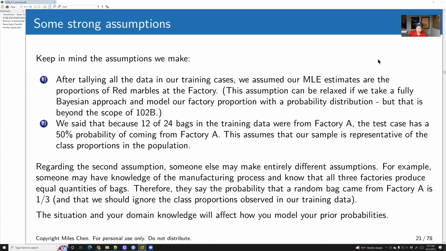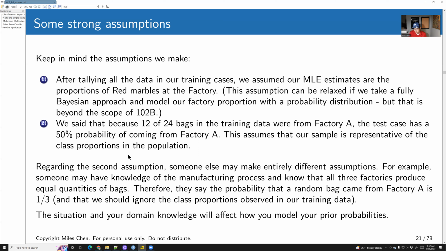But it's possible, regarding this second assumption, where we said when I bought these 24 bags and half of them came from factory A, somebody else might be familiar and say, oh, you know what? I work for the Marble Company. And I know factory A, B, and C actually have the same amount of marble output, right? All three produce marbles at the same rate.